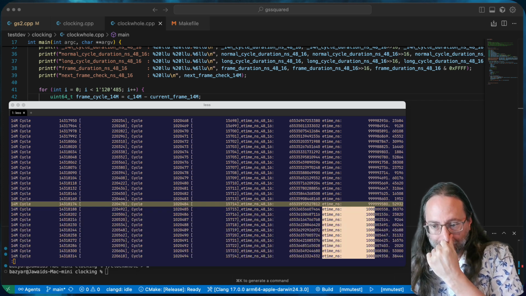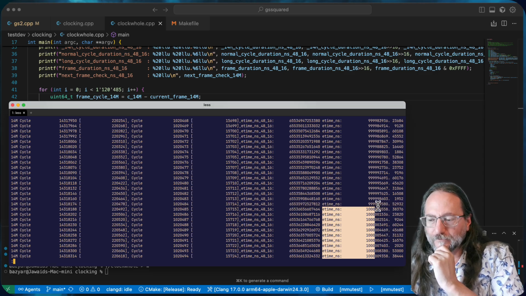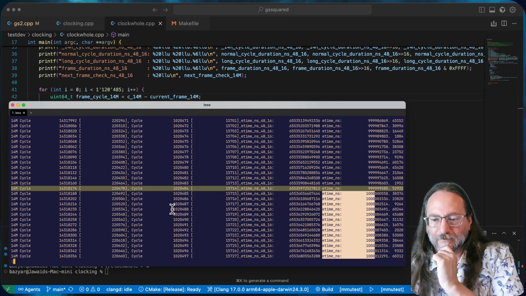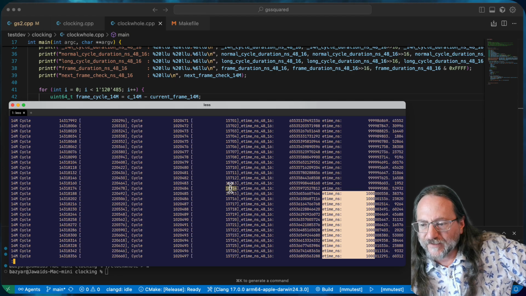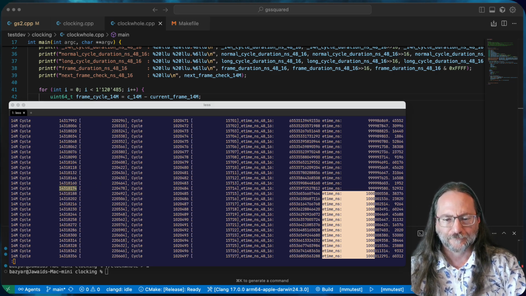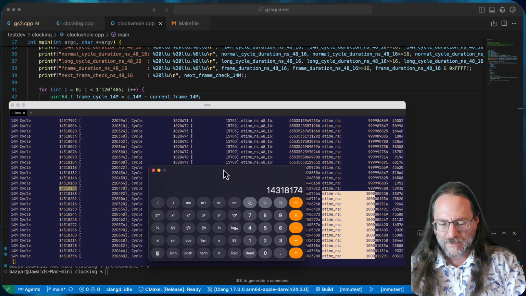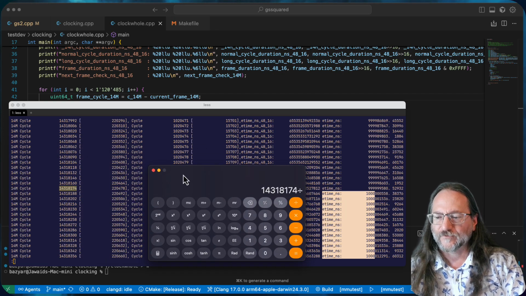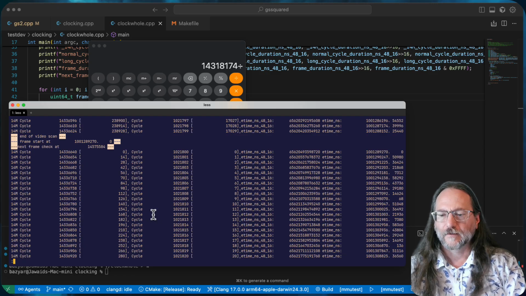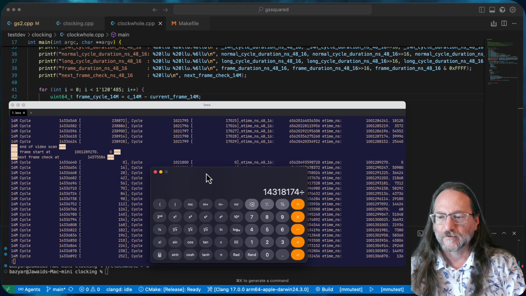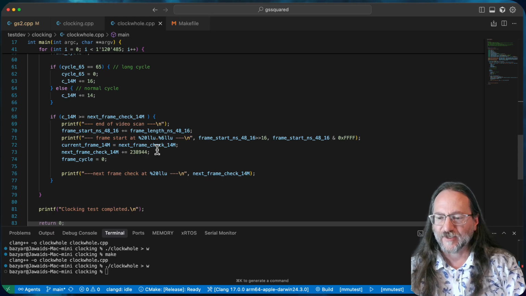And if I take this, oh, let's see here. What's that figure again for the number of clocks per frame?